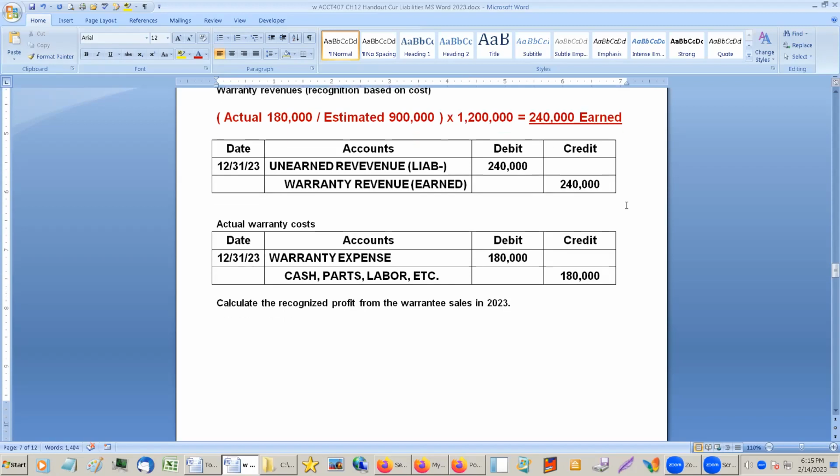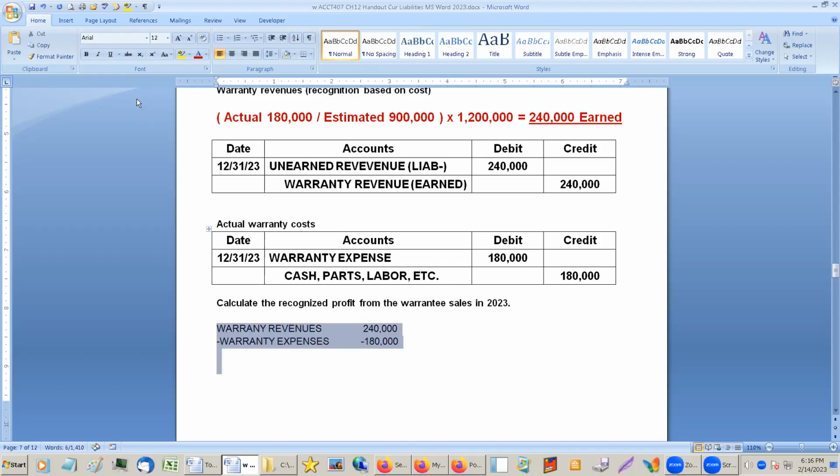240? Yep. Like a recognized profit of 60,000. Yep, that's exactly right. So 240,000 is what we're recognizing, minus. I'll clean this up in a second.